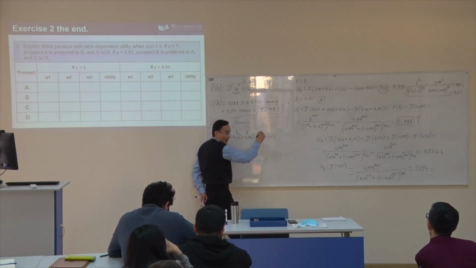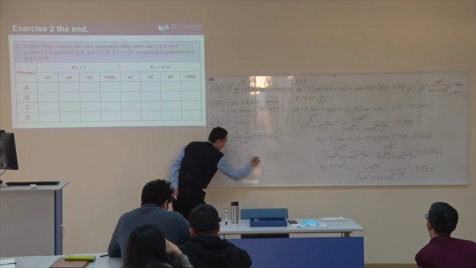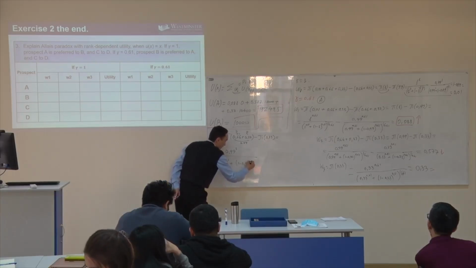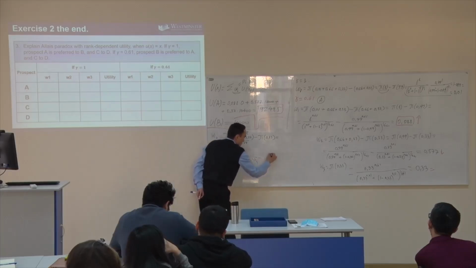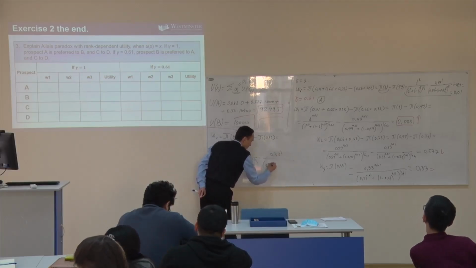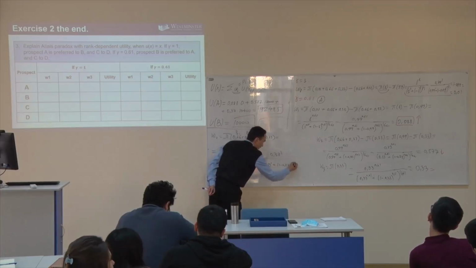So as we did this one, now because gamma is 1, it's equal to 0.99 to the power of 1 over 0.99 to the power of 1 plus 1 minus 0.99 to the power of 1, over 1 minus 0.33 to the power of 1 plus 1 minus 0.33 to the power of 1, over 1.